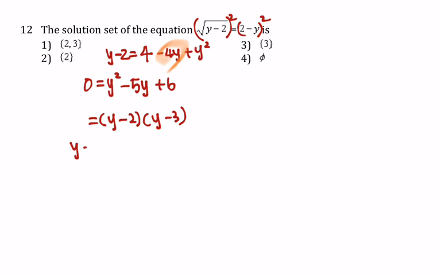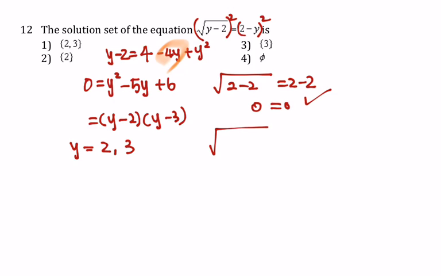Factoring once again, then we get to realize two answers. So we're going to plug in 2 and 3 in place of y and see which one works. And 2 seems to be working. But how about 3? And 3 doesn't seem to work. So therefore our answer is 2 alone. Choice 2.